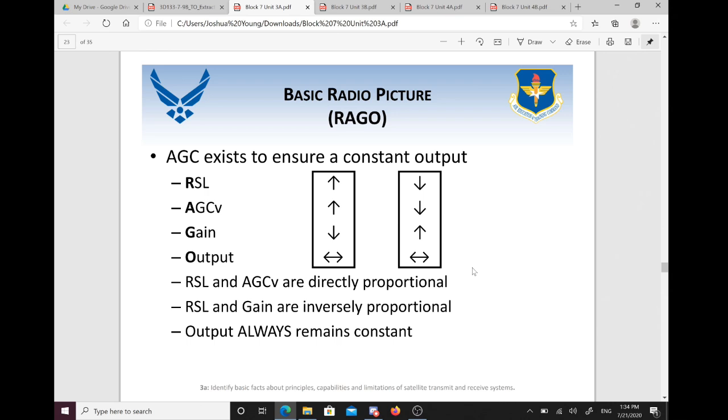But just to give you a little bit of insight, your receive signal level is a reading that is generated from a sample point on your receive equipment, telling you how well you're receiving the transmission from your distant end. So based on those things is how the others would react or occur, if that makes sense.